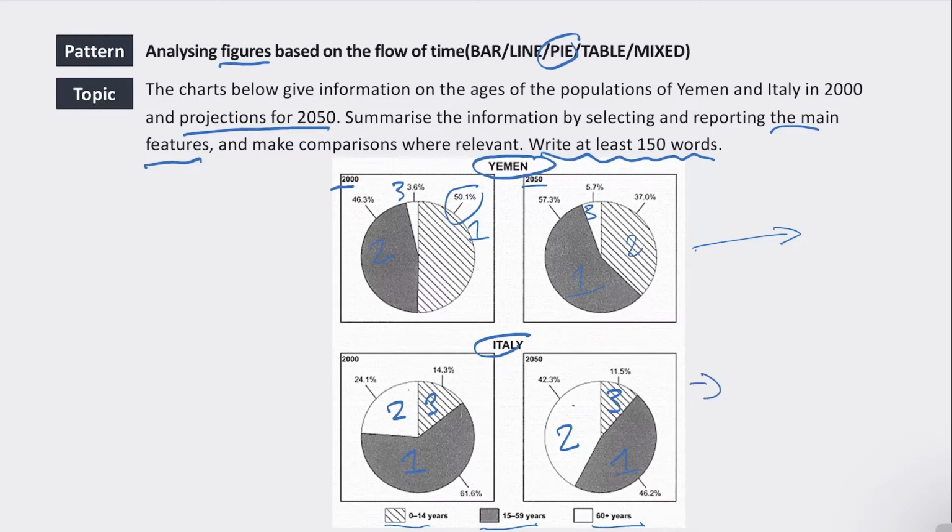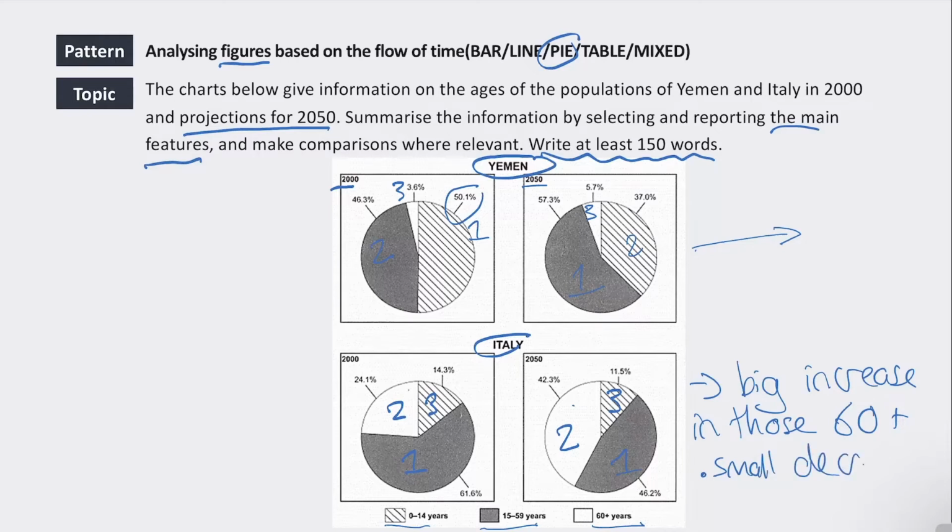So if I was looking at the trends, I would say big increase in those who are 60 plus years old. Small decrease in 0 to 14 years. And then in Yemen, we've got a drop in 0 to 14.